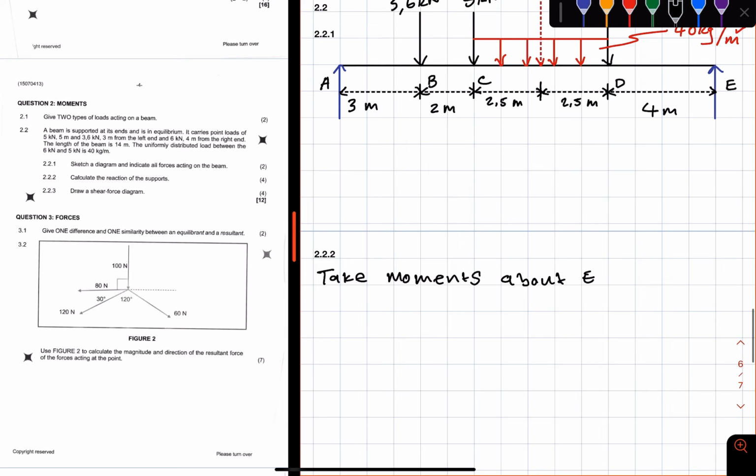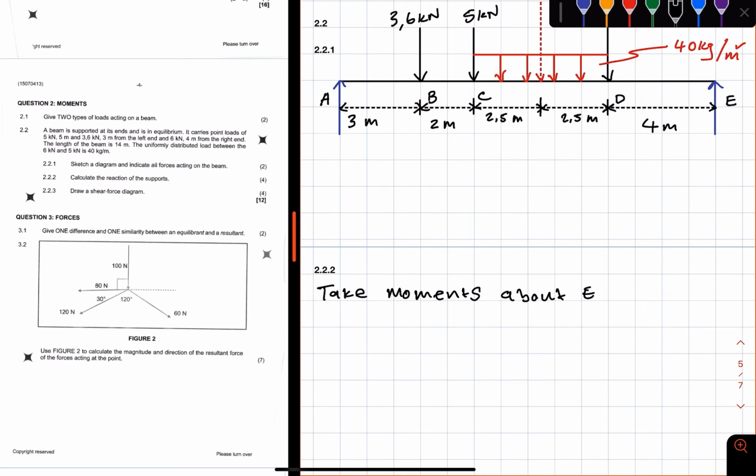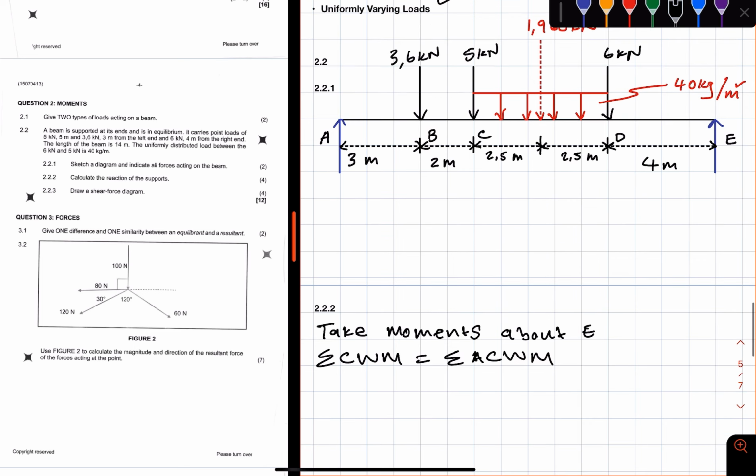Right? And we say sum of clockwise moments is equal to sum of anti-clockwise moments, right? So now if you're taking moments about E, you have to check each support and each point load, what moment effect it would have if we're taking moments about E, right?